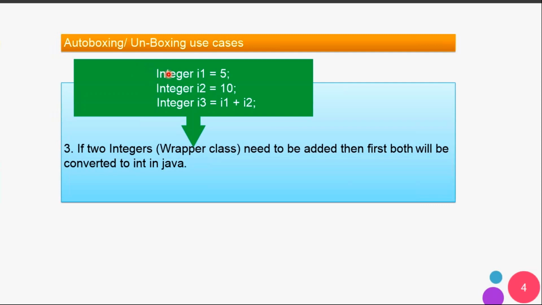The same thing happens with the Integer wrapper class also. They are actually objects, not a primitive type, so you cannot perform the addition operation on them. So what will happen? First, the Integers would be converted into the respective primitive types, like the unboxing case would happen with i1 and i2. And once you have the answer of 10 plus 5, that would again be converted into the corresponding wrapper type Integer. So again the autoboxing scenario would happen over there.